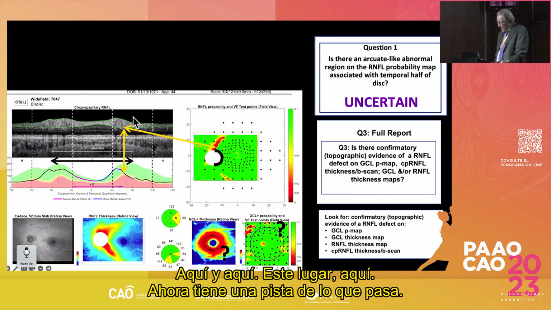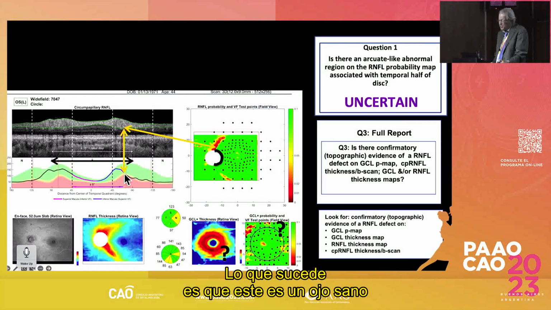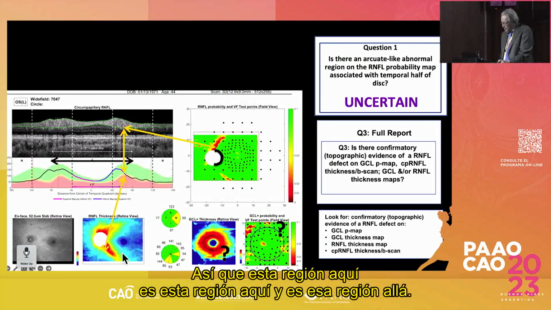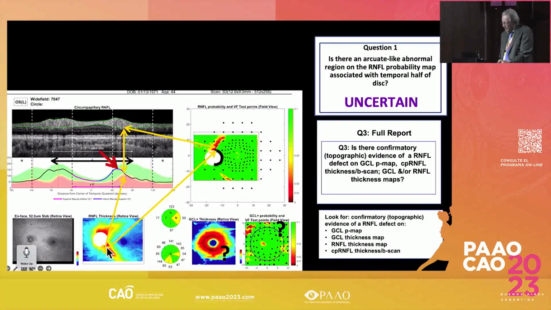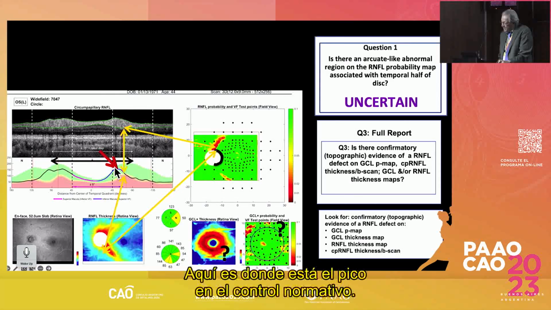Here and here. This location actually is here, and now you're getting a hint of what's going on. What's going on is this is just a healthy eye in which this is tilted a little bit more than usual. So this region here is this region here, is that region there. So this is where the peak is in this healthy eye. This is where the peak is in the normative control.